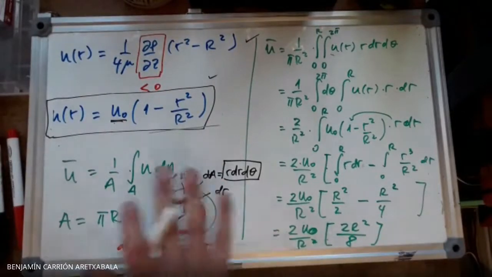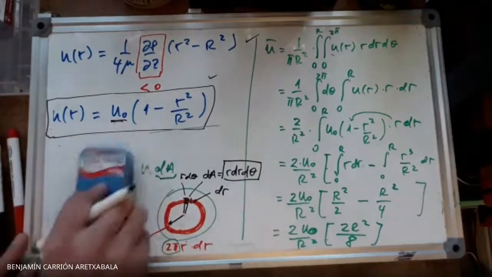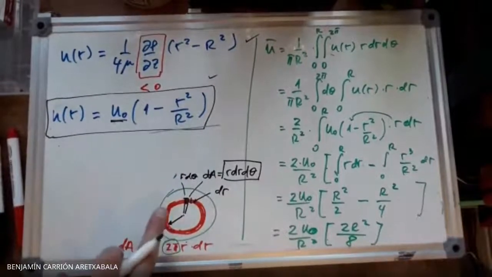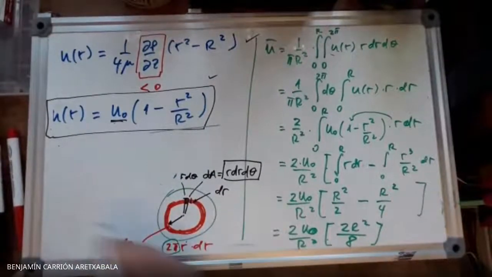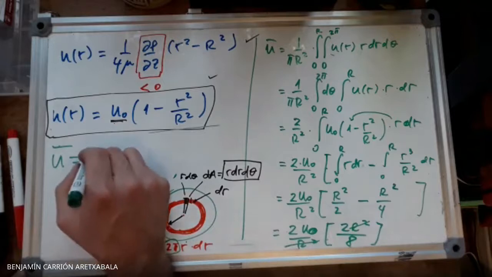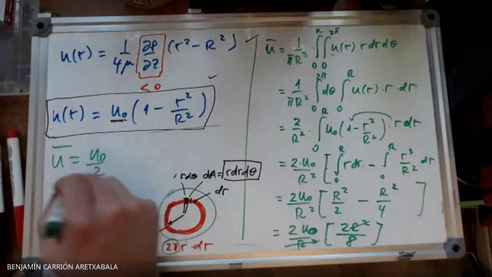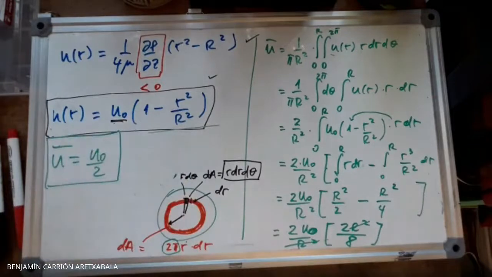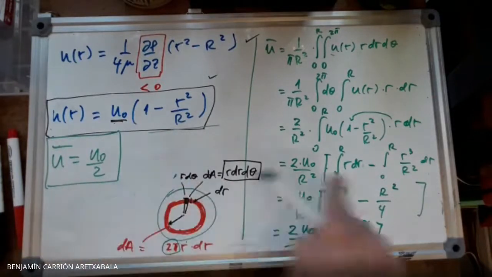And I'm gonna delete this part. I'm gonna keep that because it's actually interesting. So u mean is, well, we can kill this out. This is 4, so it's actually pretty cool. It's u0 half. So the average velocity is just half of the maximum velocity, which is the velocity at the center.